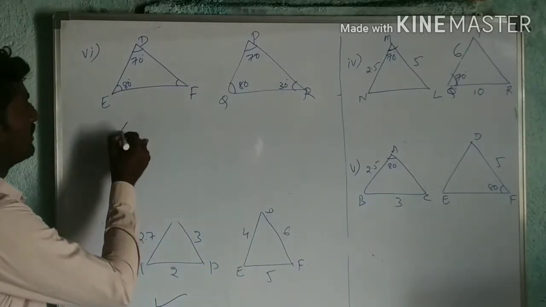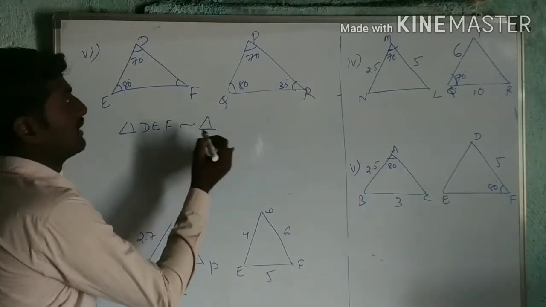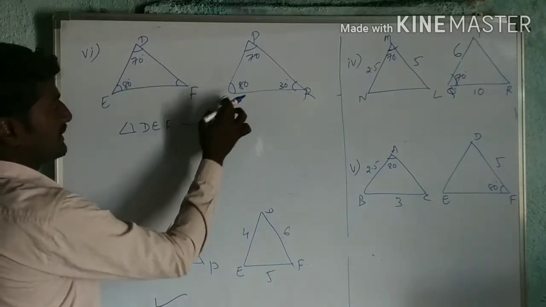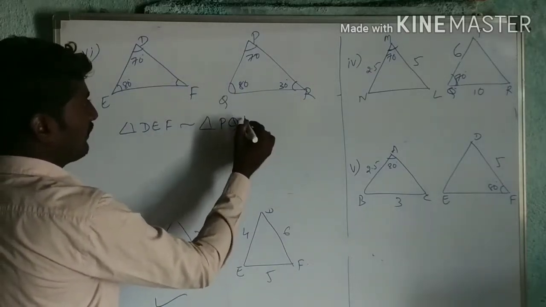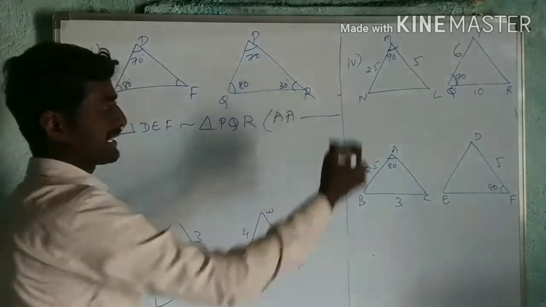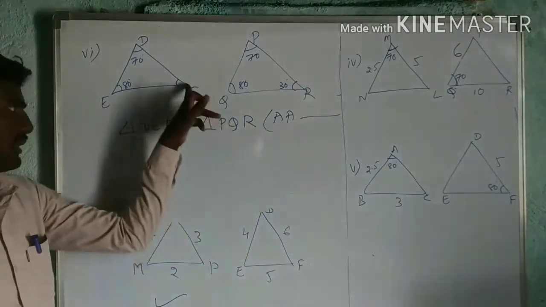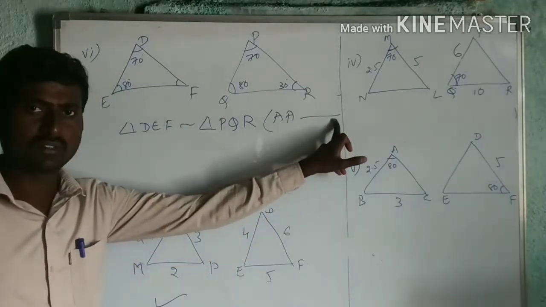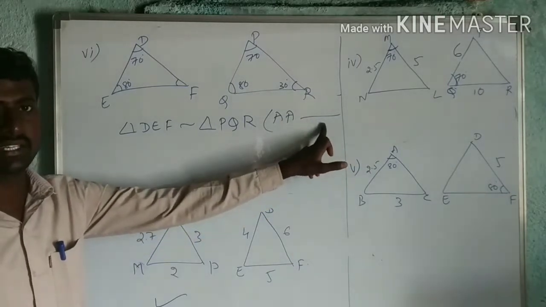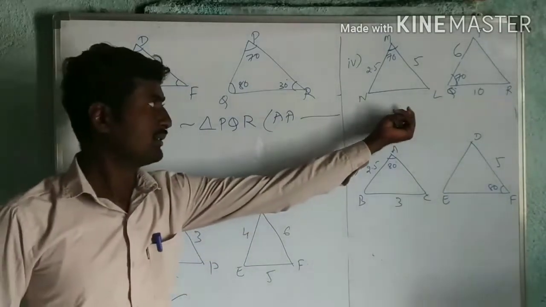So triangle DEF similar to triangle PQR: for angle D, P; angle E 80 degrees, Q; so angle F, R. Because AA similarity criterion, you must write here. If you write AAA also, both are same, no problem at all. This completes the first main question.